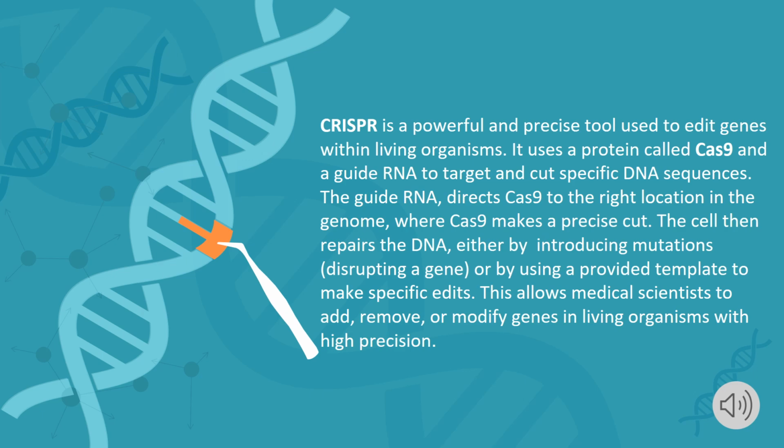The guide RNA directs Cas9 to the right location in the genome, where Cas9 makes a precise cut. The cell then repairs the DNA, either by introducing mutations, disrupting a gene, or by using a provided template to make specific edits. This allows medical scientists to add, remove, or modify genes in living organisms with high precision.